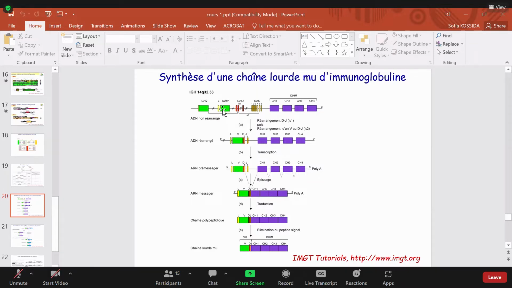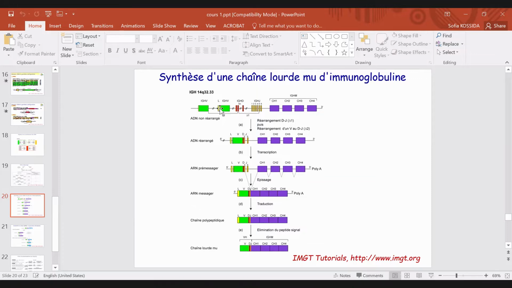There is a second exon, and there are many more features that we had a look at through the databases as well. So basically here there are two different variable genes represented. There are some D diversity genes, the joining genes, and then the constant genes, the constant exons. This is the DNA that has not been rearranged yet. This is at the germline.